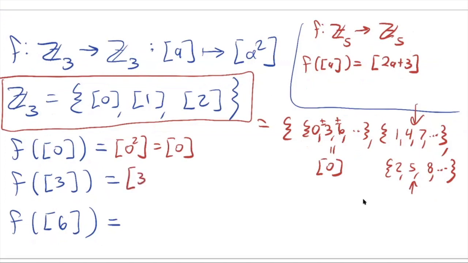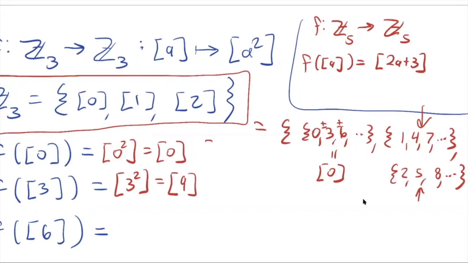What's important is that two different elements in that equivalence class should wind up in the same equivalence class. So it would be really bad if this equivalence class was different from this equivalence class. But because we're mod 3, 0, 3, 6, 9, they're both in the same equivalence class. So that would be fine.